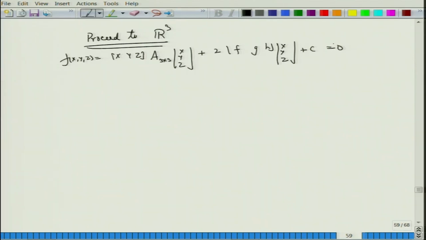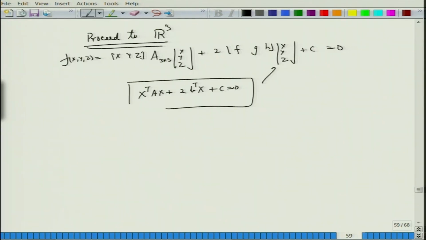Earlier, recall the form was x transpose A x plus a vector b transpose x, which is b here, plus c equal to 0, fine. I also have the same form here. In 4 dimensions also, or 5 dimensions, whatever dimension you want to understand, the expression will be similar in nature. So, for each one of them you are supposed to look at just this part, so look at this Hermitian form, or the quadratic form, whatever you want to call it: Hermitian form over complex, quadratic form over real numbers and so on.